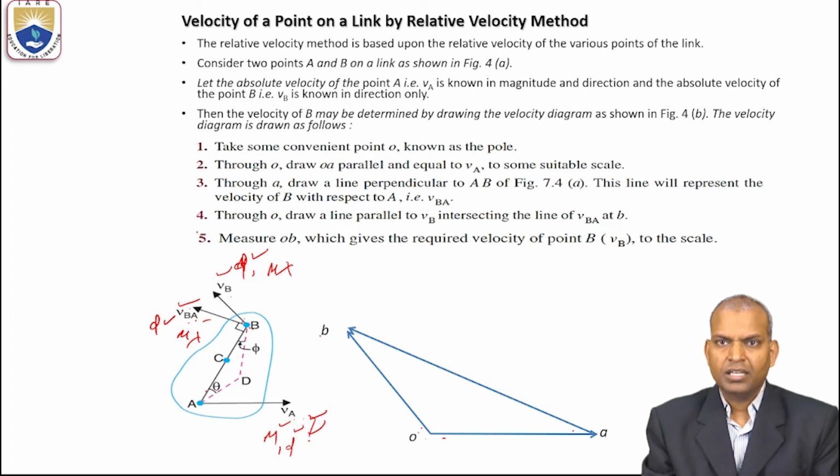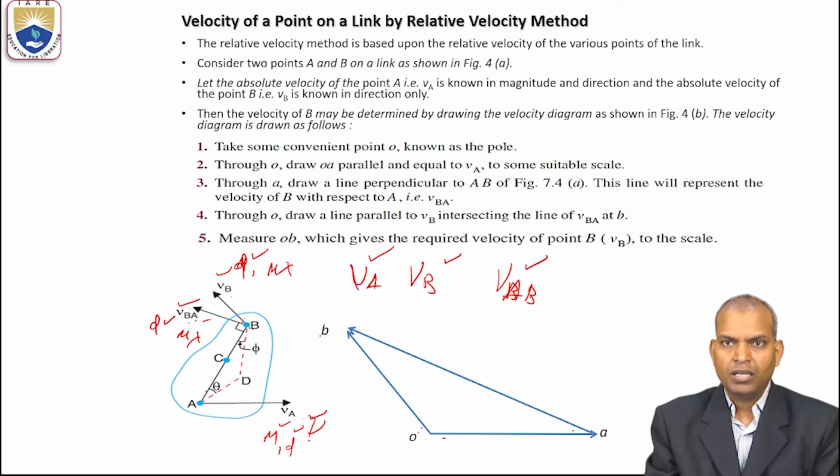So here there are two velocities, velocity of A and velocity of B, both absolute velocities. Velocity of AB, velocity of A with respect to B, is relative velocity. By default, VA and VB mean absolute, with respect to O. We don't mention VAO, VBO every time.